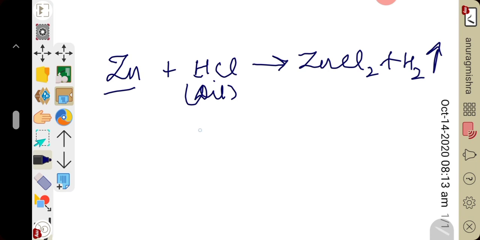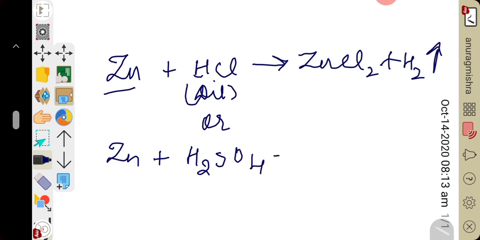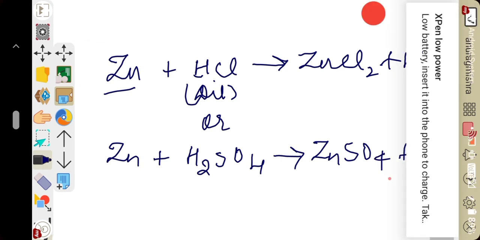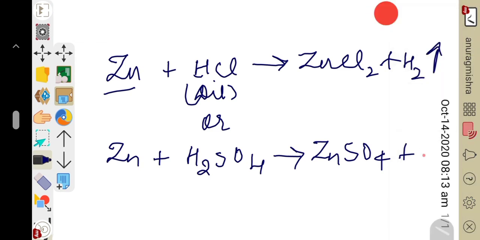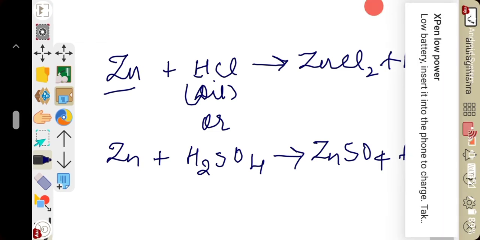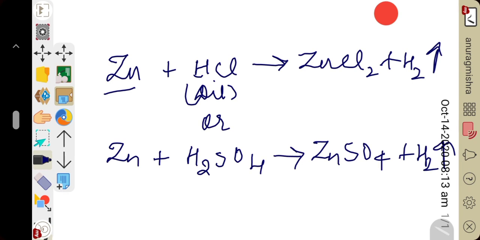Or suppose you are taking dilute H2SO4, so zinc will undergo reaction with dilute H2SO4 to form zinc sulfate, and hydrogen gas is liberated. I hope you understood how hydrogen gas is prepared in the lab.